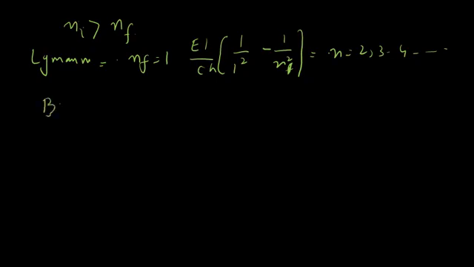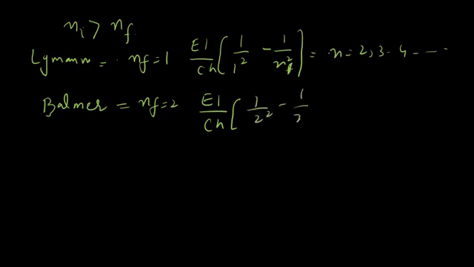For the Balmer series nf is equal to 2, so it is equal to E1 over ch into 1 over 2 square minus 1 over n square. Here n starts with 3, 4, 5 and so on.